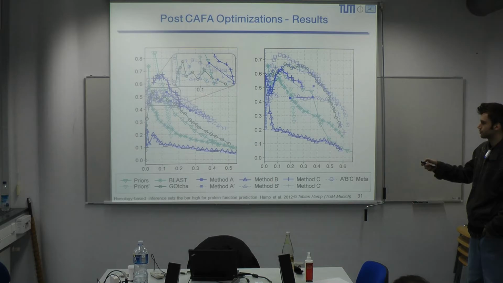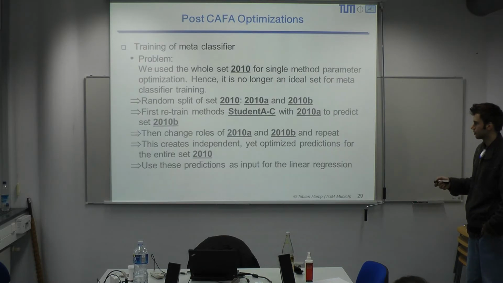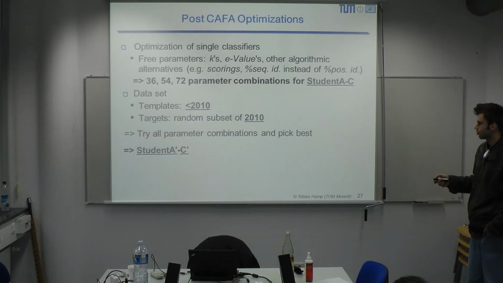So it really favors any method that performs well in this intermediate region. This is also why you see a bias towards this region, because as our criterion for choosing the best parameters, we actually used the maximum F1 score.